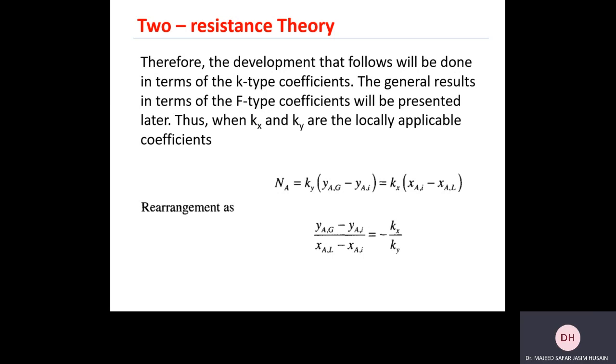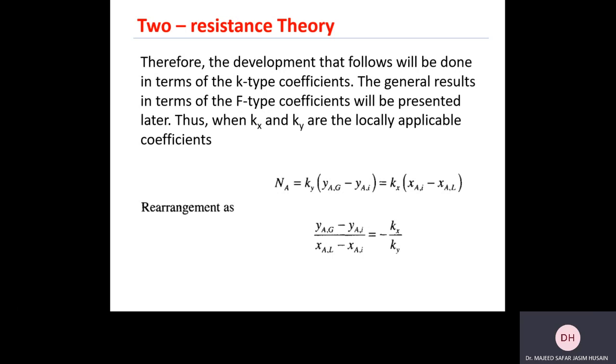The driving force in the gas is YAG minus YAI. In the liquid, it is XAI minus XAL. And you multiply by the mass transfer coefficient in the gas and the mass transfer coefficient in the liquid. So flux is equal to ky multiplied by the driving force in the gas, which equals kx multiplied by the driving force in the liquid.